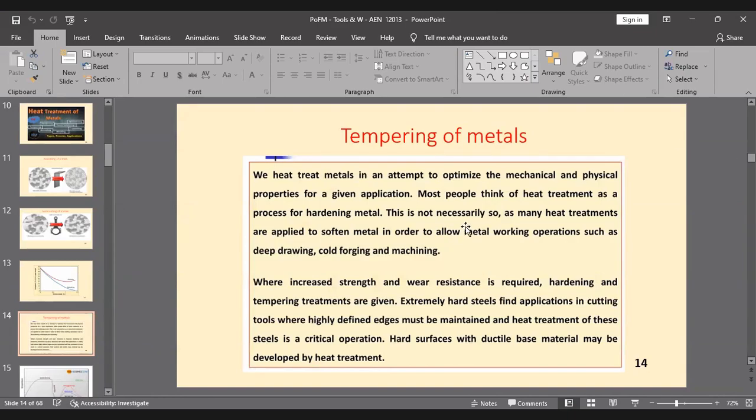This is not necessarily so, as many heat treatments are applied to soften metal in order to allow metal working operations such as deep drawing, cold forging, and machining. Machining, making gear wheels, forging, applying some heat and force, that is known as forging.